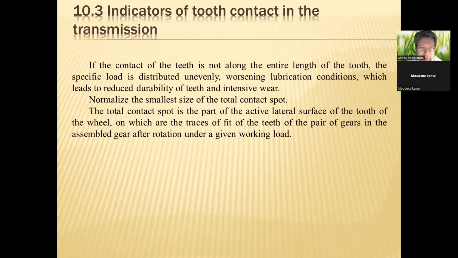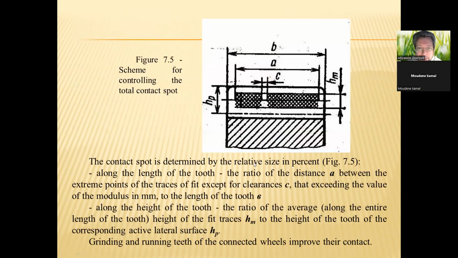The total contact spot is the part of the active lateral surface of the tooth of the well on which are the traces of feet of the tooth of the pair of gears in the assembled gear after rotation under a given working load. In figure 7.5, you can see a scheme for controlling the total contact spot.